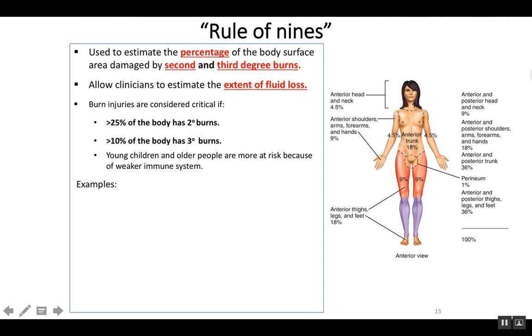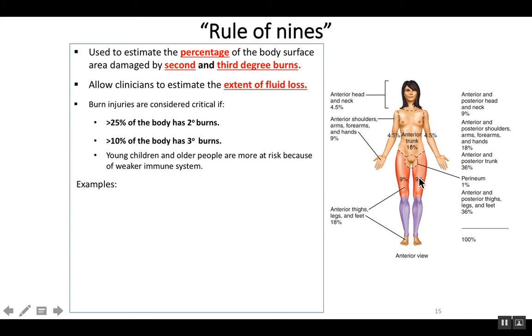The anterior and posterior trunk equal 36, so just the anterior is 18 and just the posterior is 18. The genital area contributes 1, and then the legs, both legs, front and back, contribute 36.